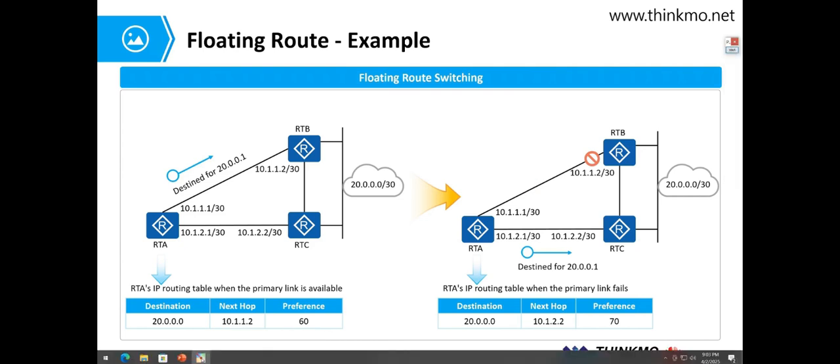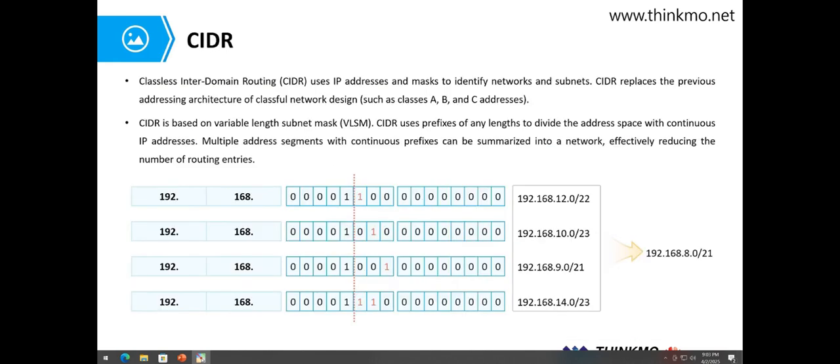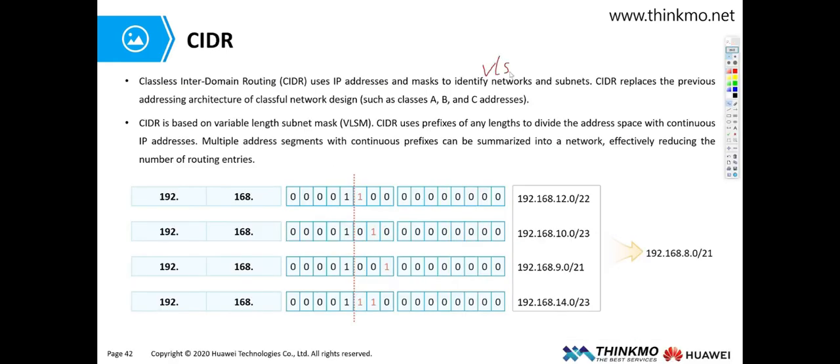Besides this, we have another technique here called CIDR. Previously, I talked to you about VLSM. Variable length subnet mask involves shifting our mask to the right, whereas here with CIDR, it actually shifts the mask to the left. It reduces our network bits and increases our host bits to expand the range of the subnet.